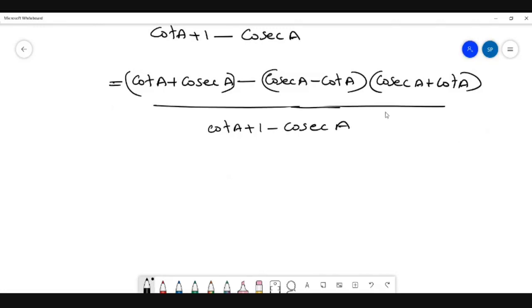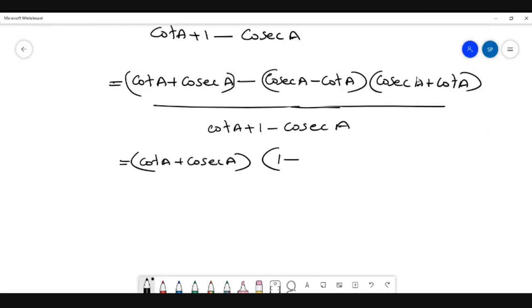Now you can see here 1 plus cot A plus cosec A and cosec A plus cot A both are same. That is, here you can take common factor from these two expressions. That is cot A plus cosec A into, what is left over if you take this outside?